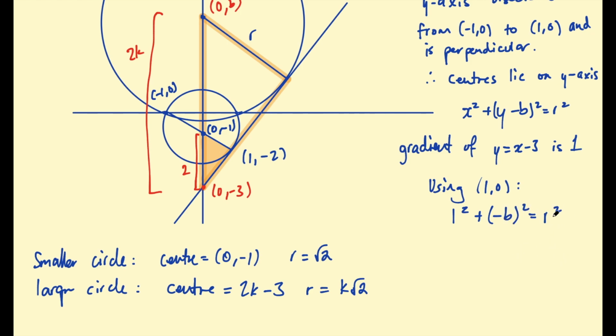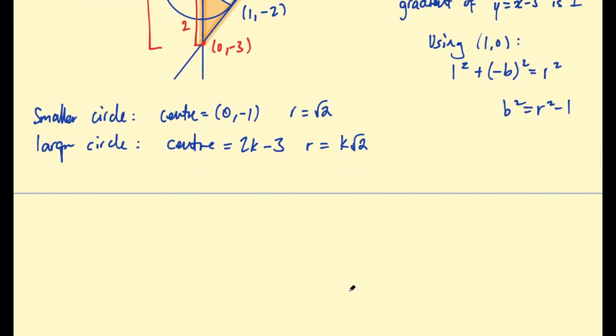And then we can relate b and r directly. So we can say b squared equals r squared take 1. Using that equation, we can relate the center, 2k take 3, and r, k root 2, to solve for k. And then we can solve the larger circle.